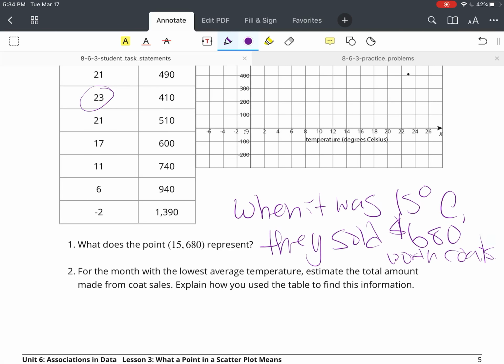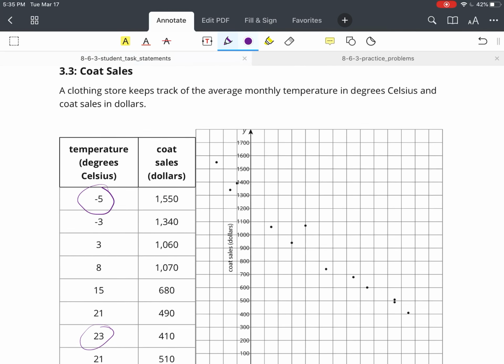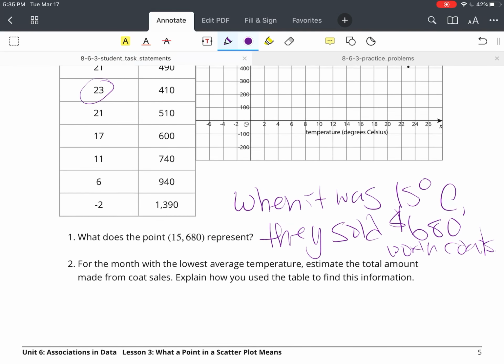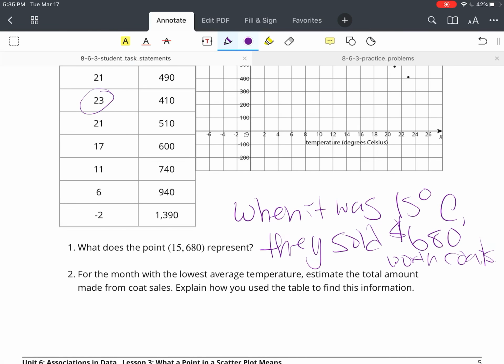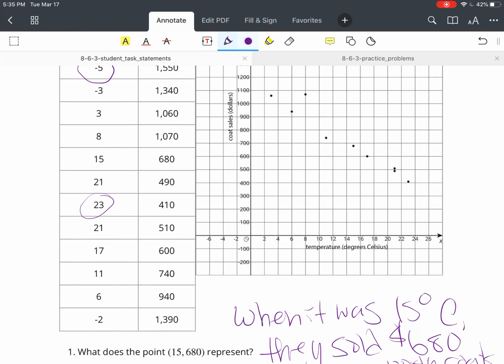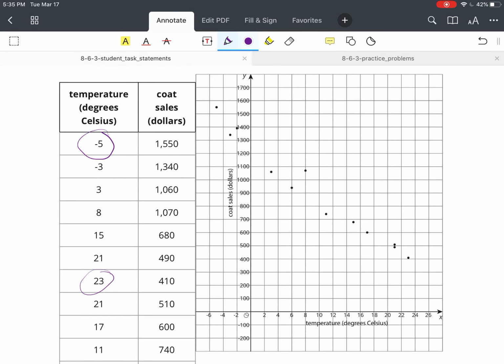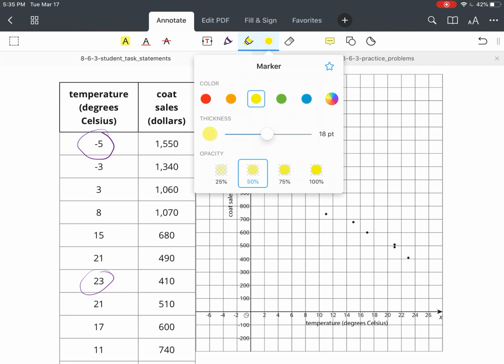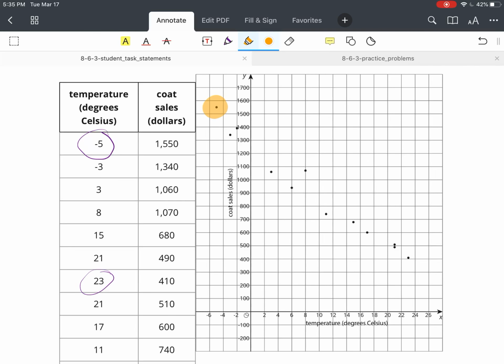For the month with the lowest average temperature, estimate the total amount made from the coat sales. Explain how you use the table to find this information. So, we're looking, estimate the total made with the lowest temperature. So the lowest temperature was approximately, let me use a highlighter, orange, right here, okay?